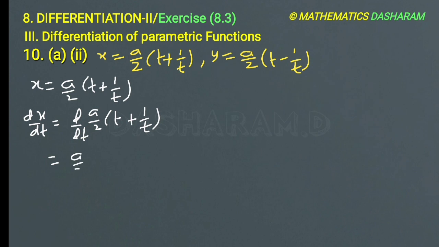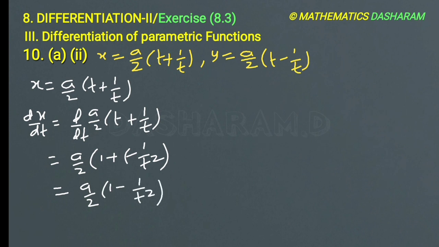A by 2 is a constant number. Derivative of t is 1 and derivative of 1 by t is minus 1 by t square. So it is equal to a by 2 of 1 minus 1 by t square.